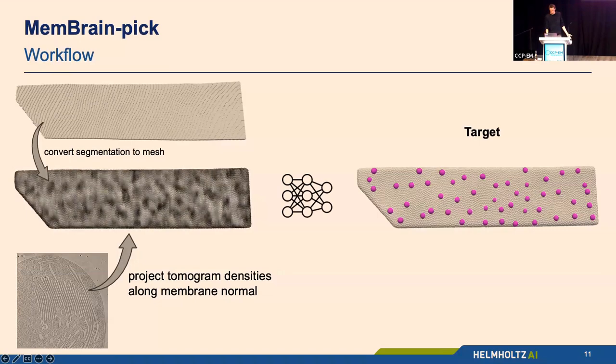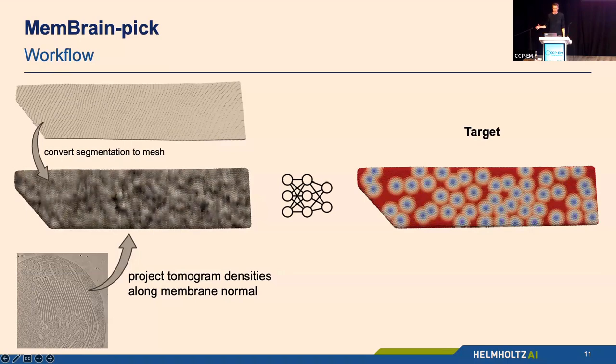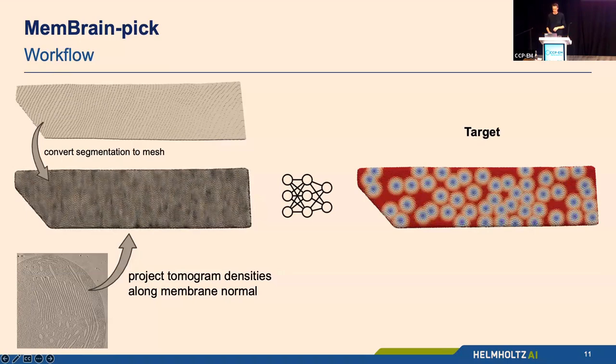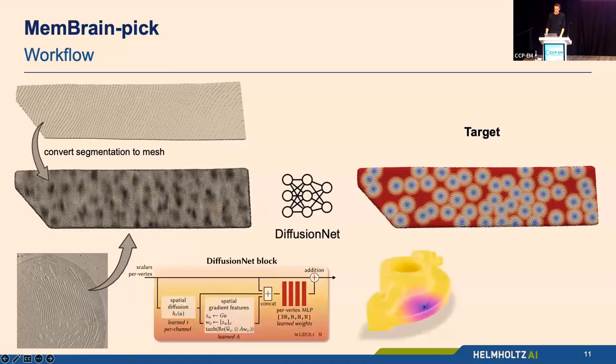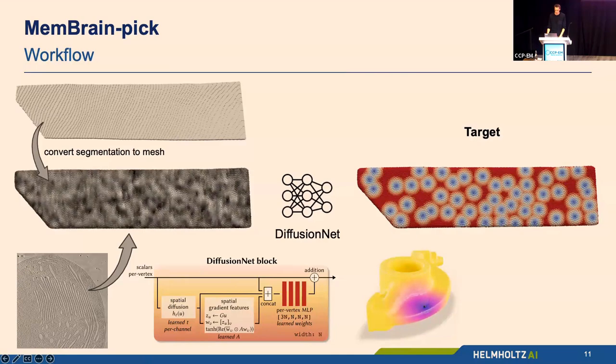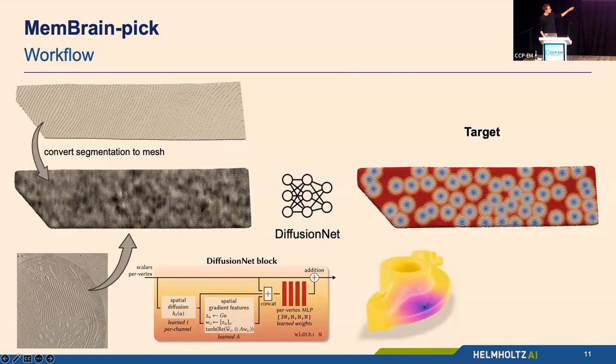To be able to do that, we first encode that into a distance map. This is our training target, where we predict basically the distance to the nearest protein center. As an architecture, we choose a diffusion net, which takes as input a mesh and gets as output also a mesh together with some scalar values associated to the vertices. The name diffusion net comes from this diffusion operation.